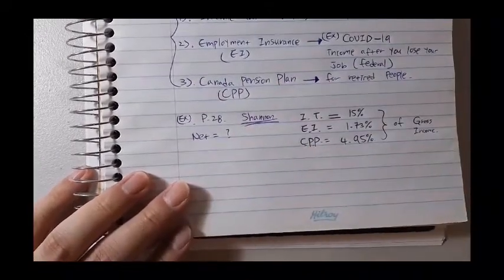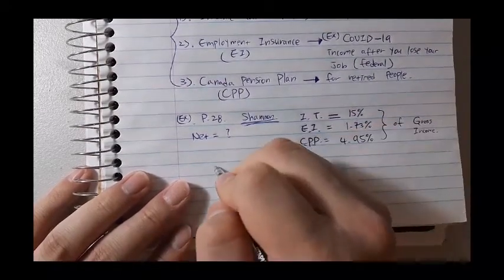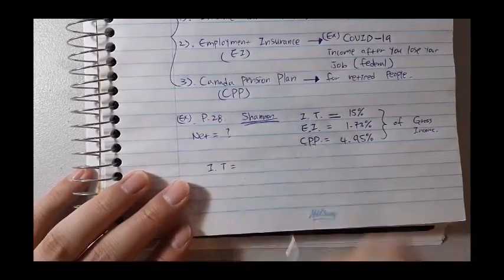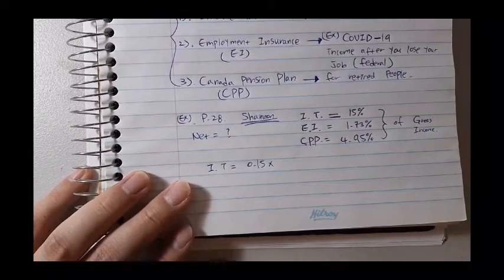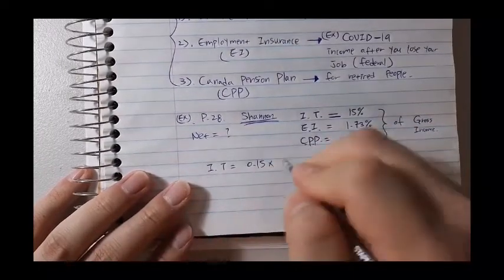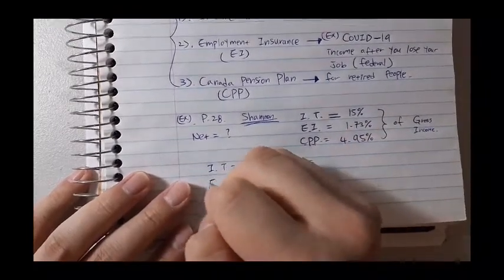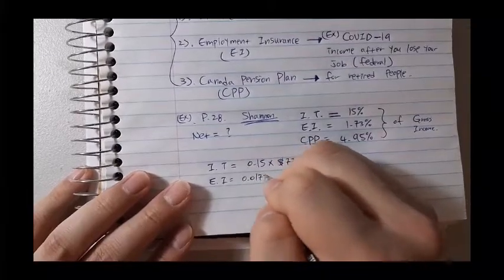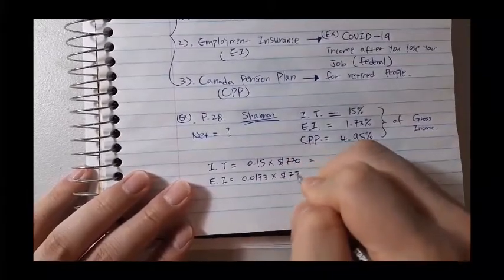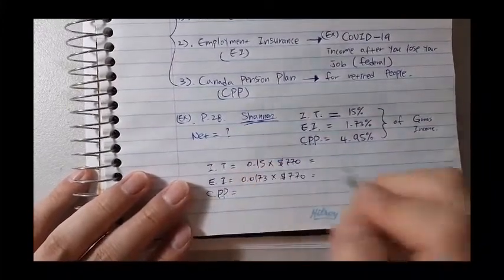So we're trying to find out Shannon's net income. Let's talk about each of those percentages. First things first, income tax. Convert every percentage into a decimal, so divide by 100, and multiply by how much you earn in total. Do the same thing for employment insurance, and the same thing for Canada Pension Plan.